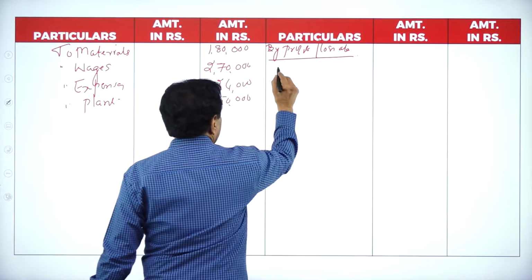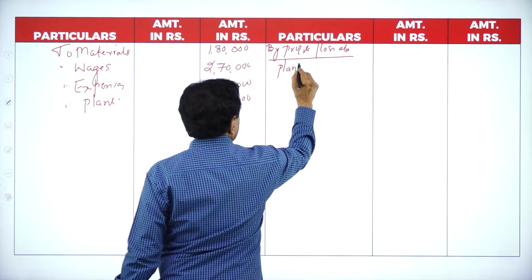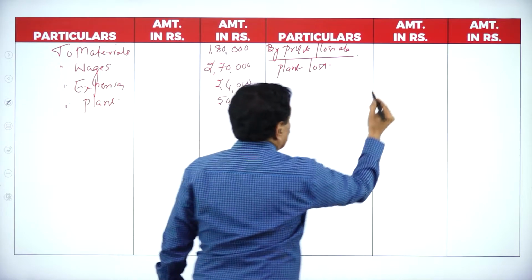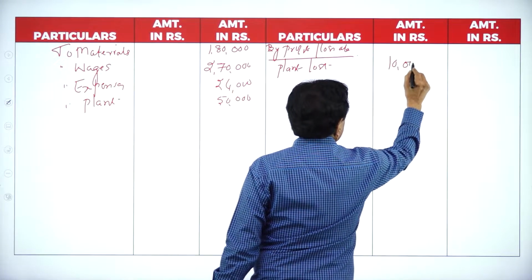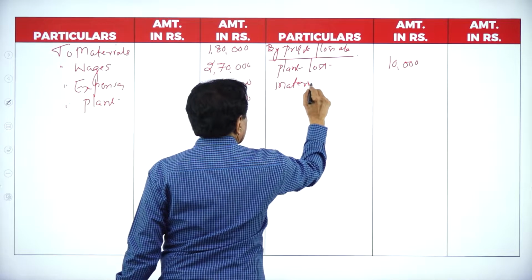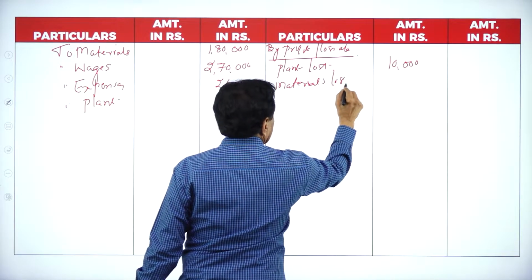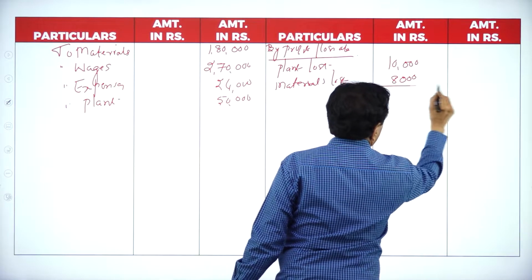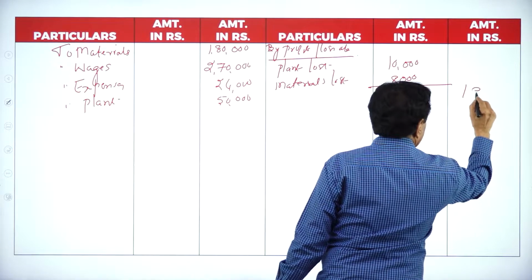Plant lost 10,000, material lost 8,000. It becomes 18,000.